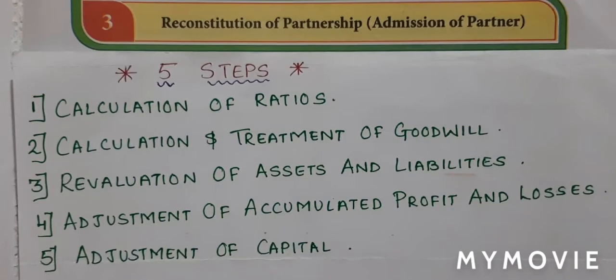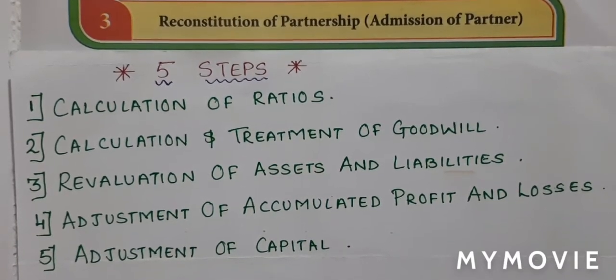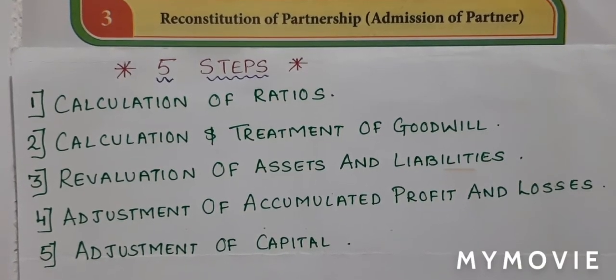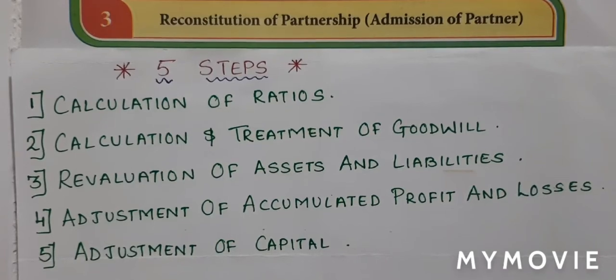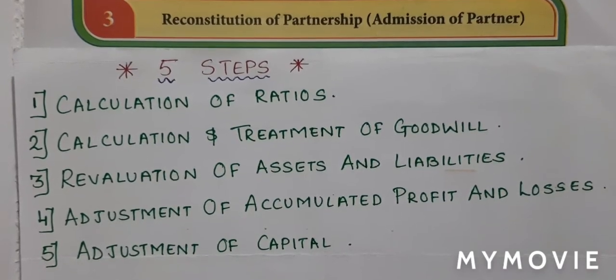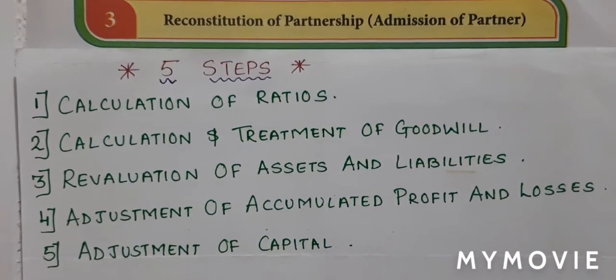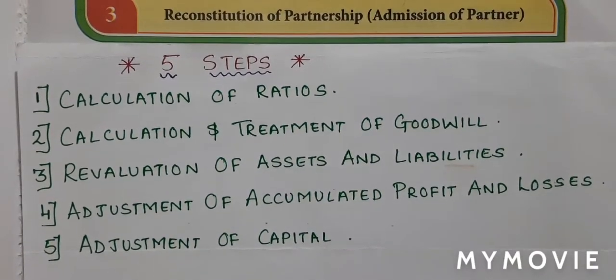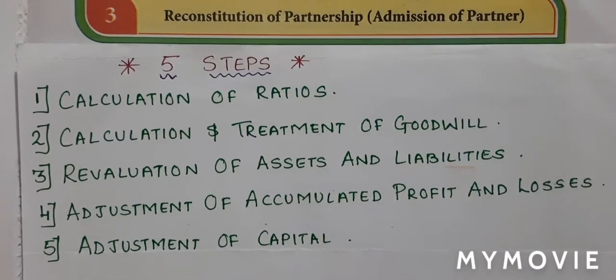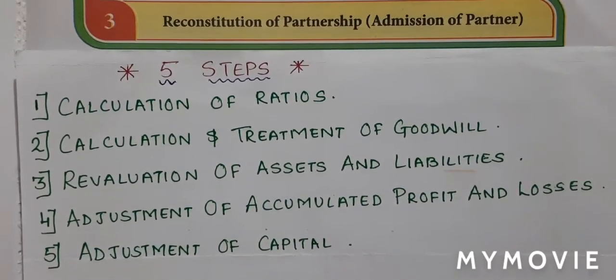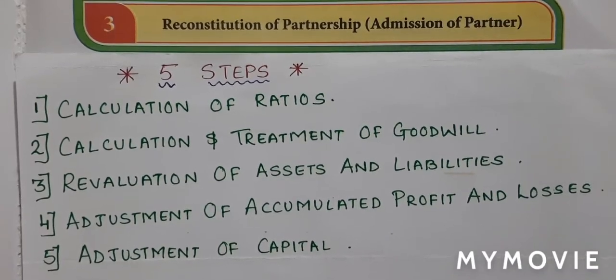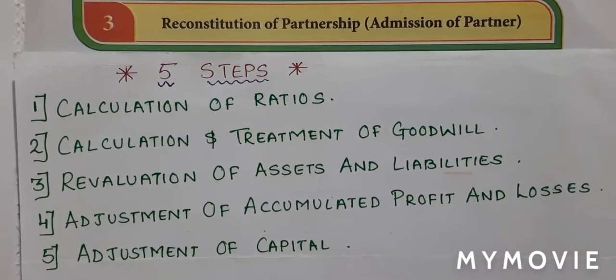Those 5 steps are calculation of ratios, calculation and treatment of goodwill, revaluation of assets and liabilities, adjustment of accumulated profit and losses, and adjustment of capital. So students, with concepts clear, I am sure you are all ready to begin to solve the sums.